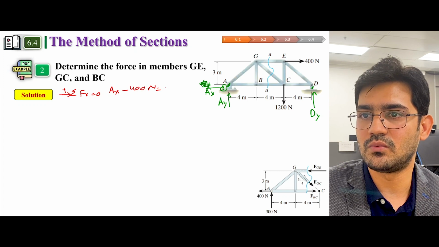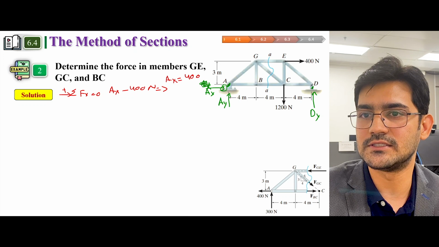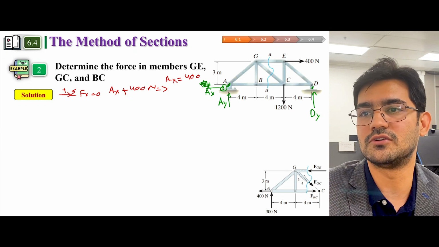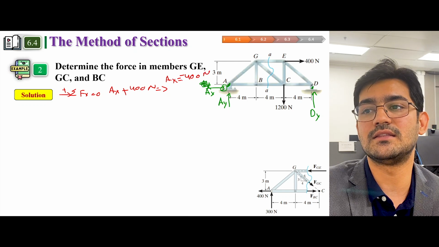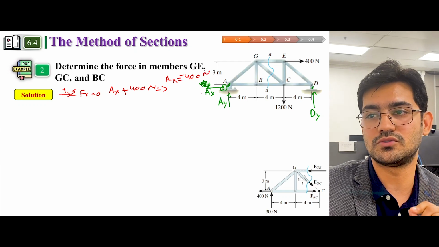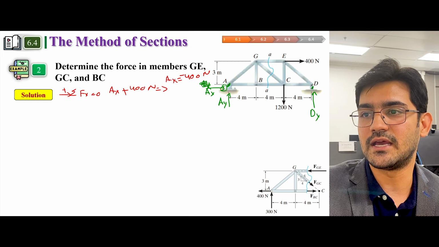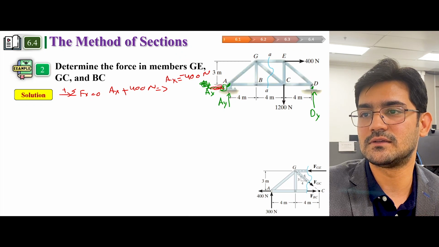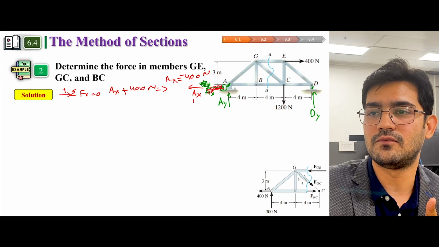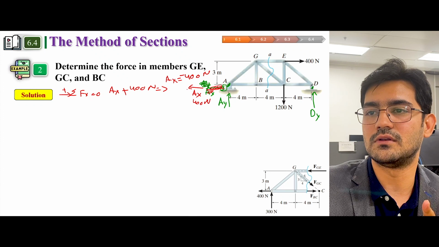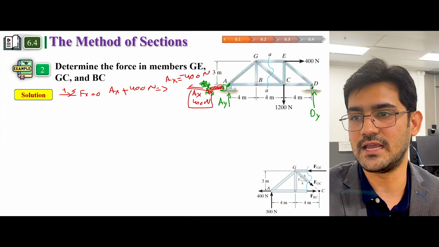So A of x comes out to be minus 400 Newton, because the other force is in the horizontal direction too. It means that the assumed direction was wrong. So the correct direction of A of x is this way, 400 Newton in this direction. So this is A of x.